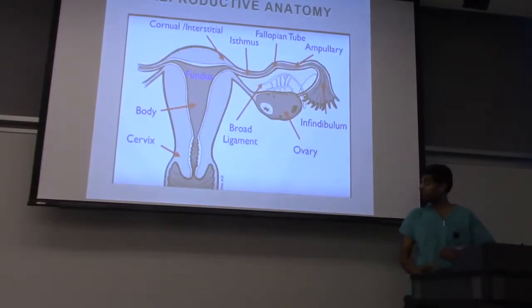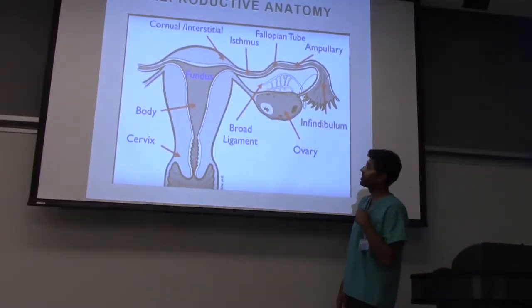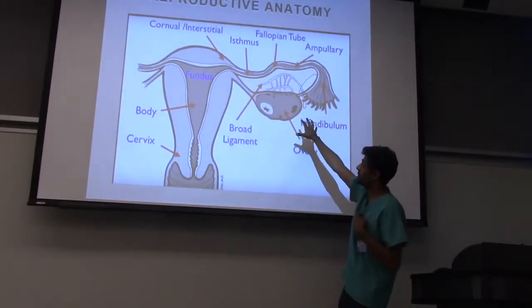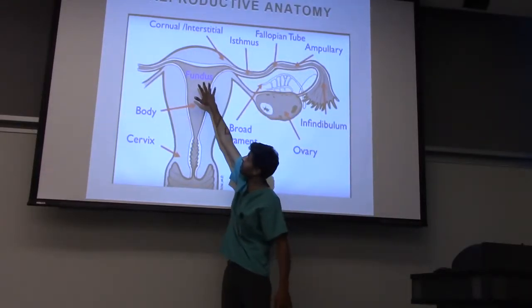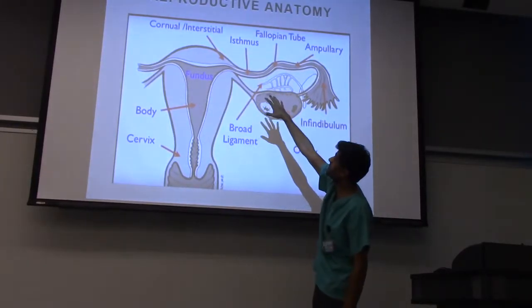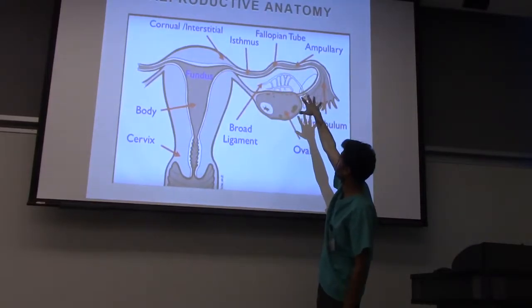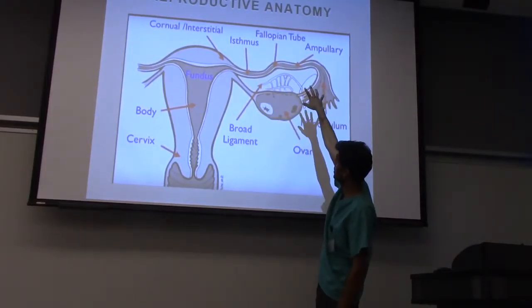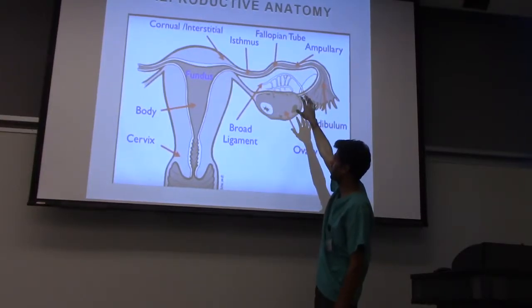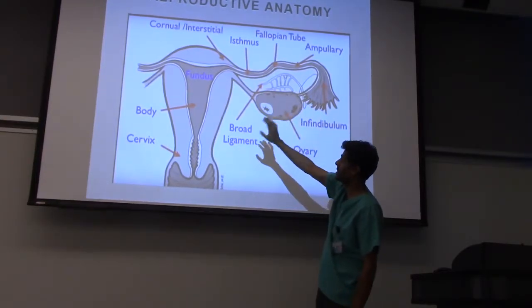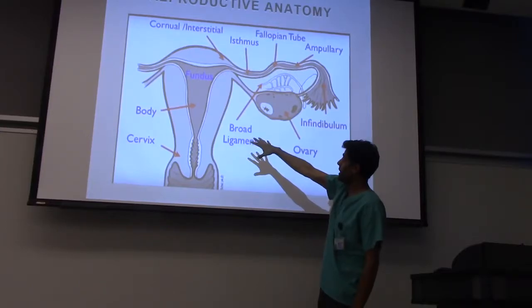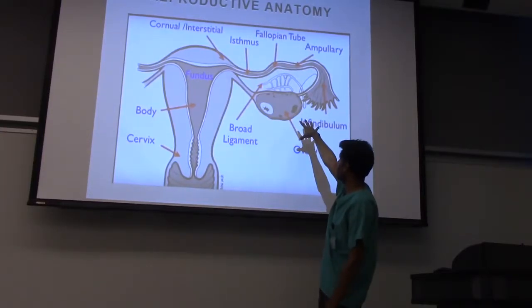Okay, so just a little review of the anatomy. I think we all know this for the most part, but I just wanted to go through this. Obviously, intrauterine pregnancies are going to be up here in the fundus. Cornual pregnancies are going to be in the cornua, and the most common location is going to be the ampullary fallopian tube. But it is also possible to see interstitially implanted and ovarian pregnancies.